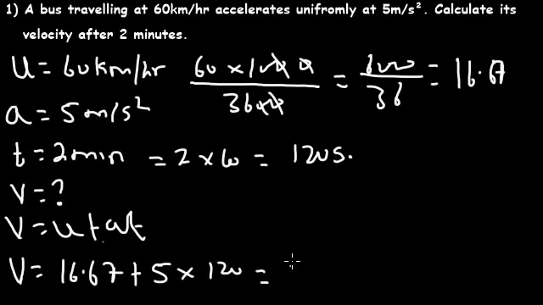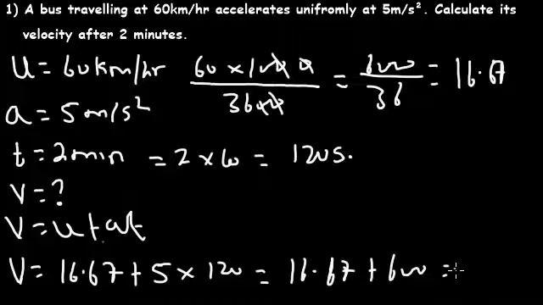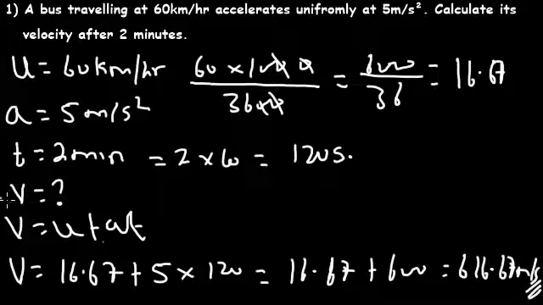Then we have the velocity become 16.67 plus 600, which is 616.67 meters per second. And that will be the velocity of the bus after 2 minutes.